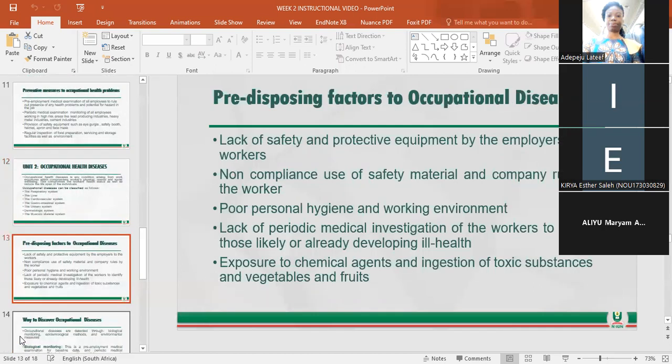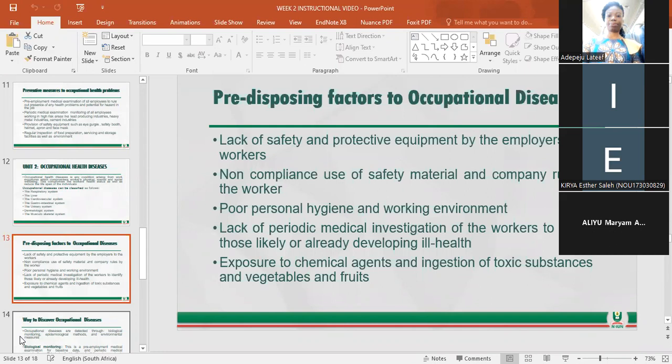And there are a lot of things that predispose individuals to occupational disease. Lack of safety and protective equipment from the employers to the worker is one factor. Non-compliance with the use of this safety equipment is also a factor. It's interesting that in occupational health, it is not one-sided.